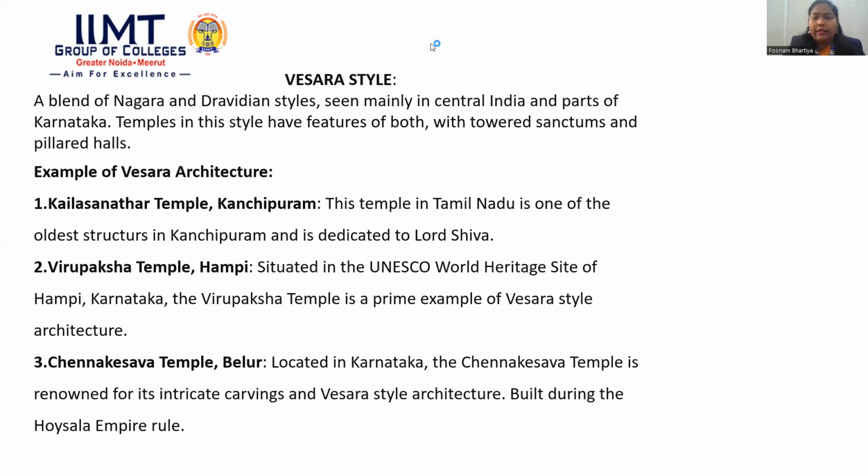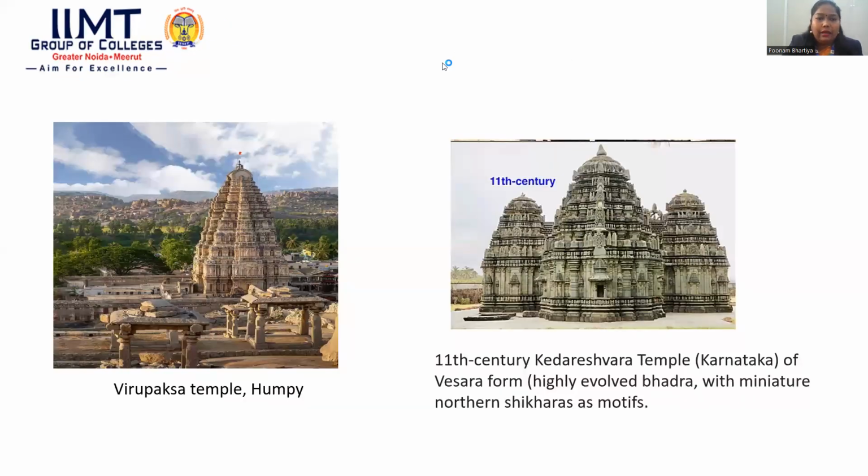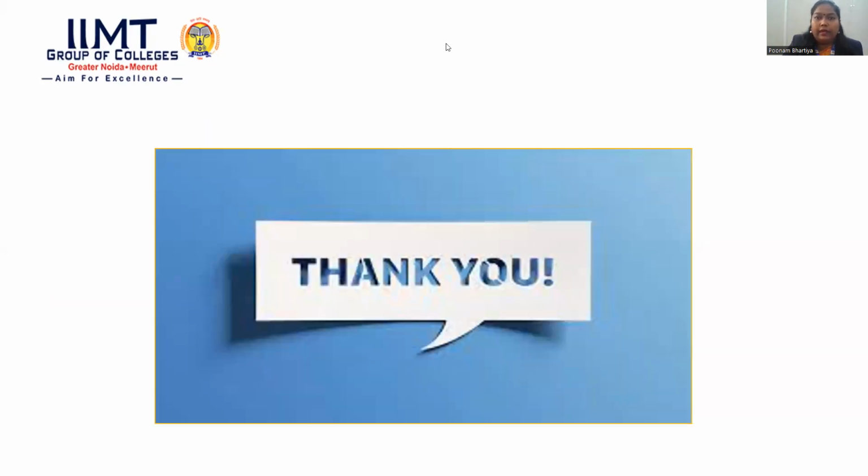So it was built by the Hoysala kings. Virupaksha Temple of Hampi and Kedareshwar Temple of Karnataka are in this style, and you will see the structure of these temples.